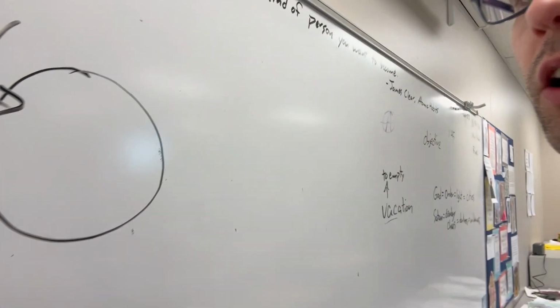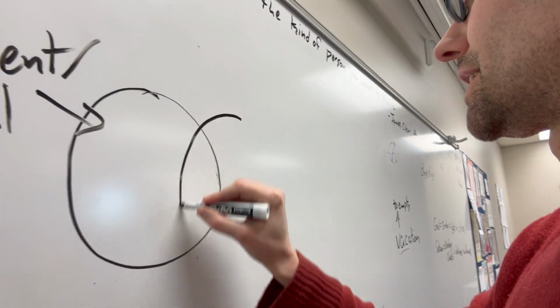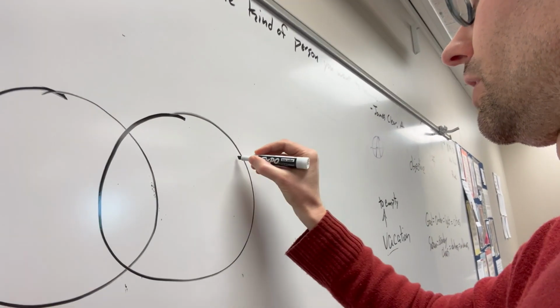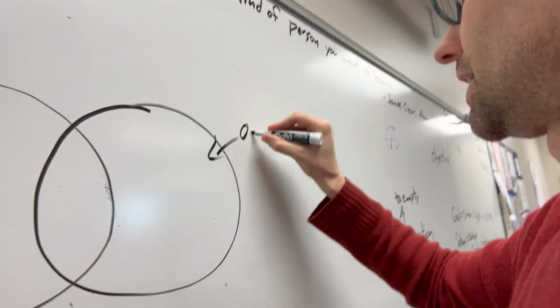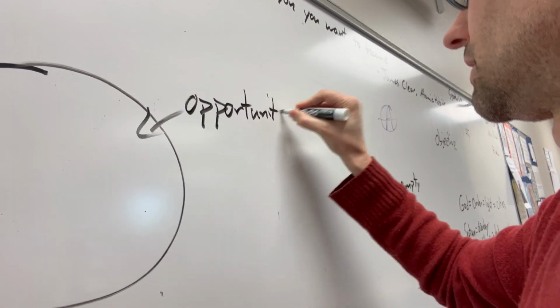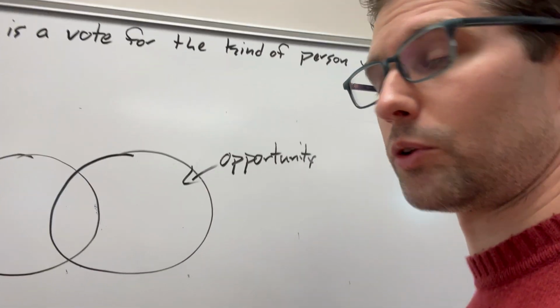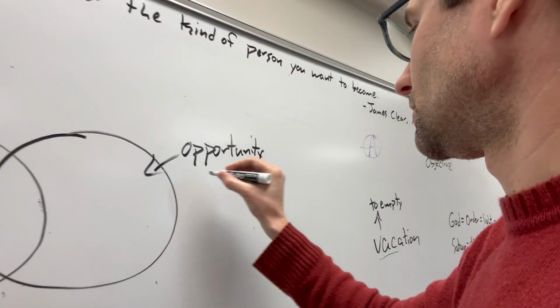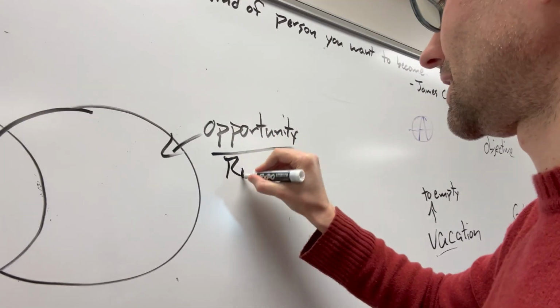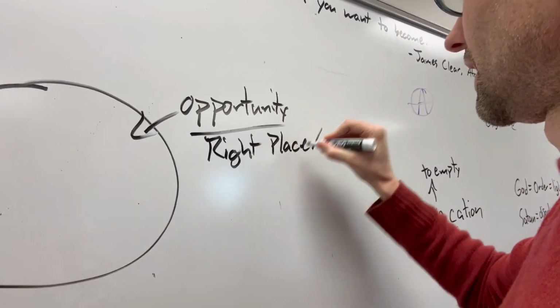But when you read Outliers, you first learn that a lot of people who have success, first of all, have that success because they have opportunity. And this is me paraphrasing some of the early chapters of the book the way I would with my students. And opportunity means that they are in the right place at the right time.